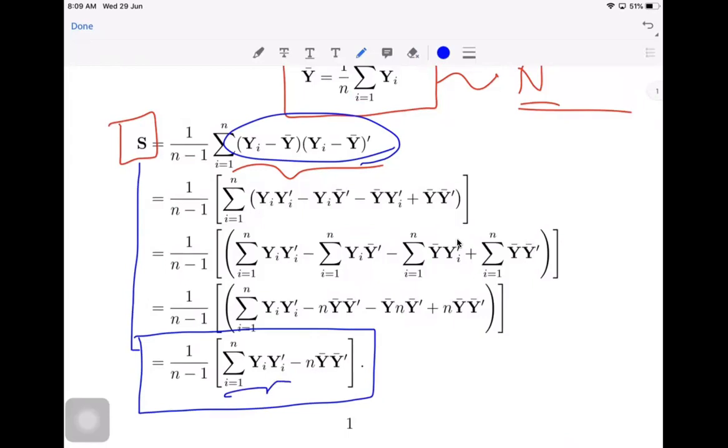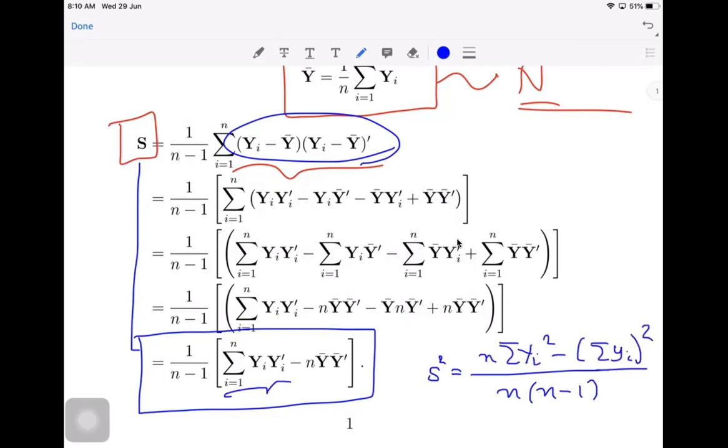Computational wise, in your univariate case, you can remember that one can write this formula as n times the summation of yi squared minus the summation of yi quantity squared.